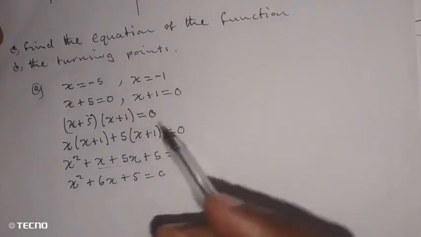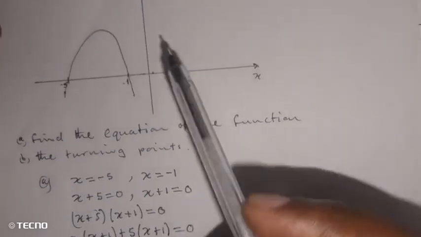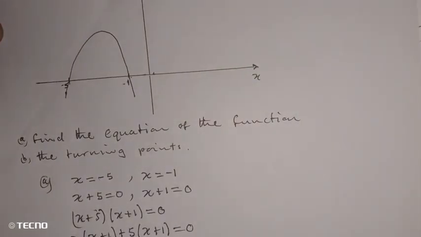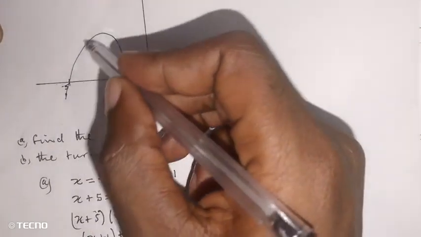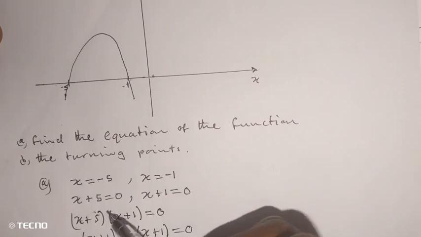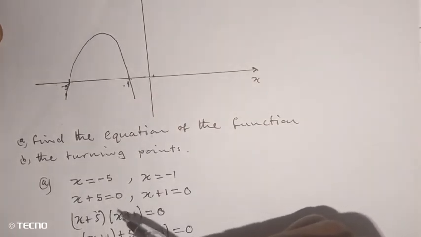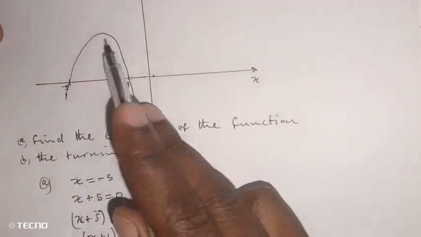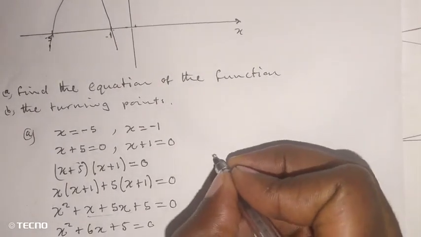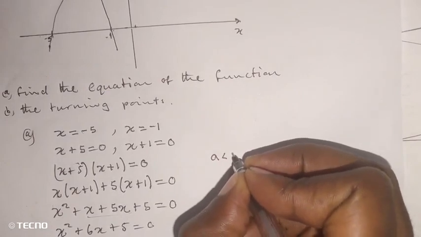Now here again, to write the final answer, you see the nature of what? Of the curve. Okay, so the nature of the curve, this one is what? It's a maximum curve. So this curve has got a maximum turning point. So since this one has got a maximum turning point, we say that here our a should be less than what? 0.